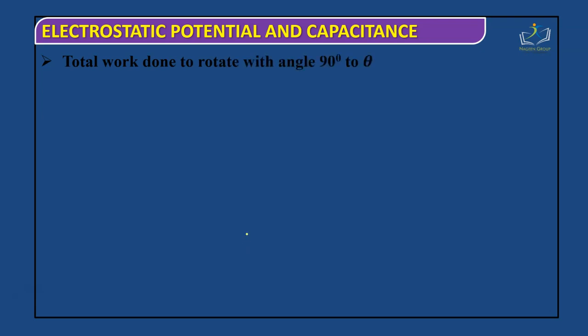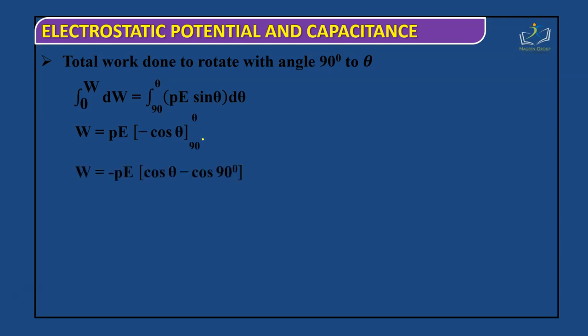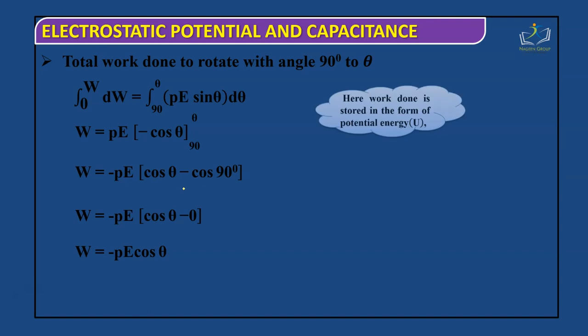Now the total work done for rotating from 90 to theta will be the integral of dW from 90 to theta, PE sine theta d theta. If I put these values and solve a little bit, the result we get is W equals minus PE cos theta minus 0. The final result is W equals minus PE cos theta.